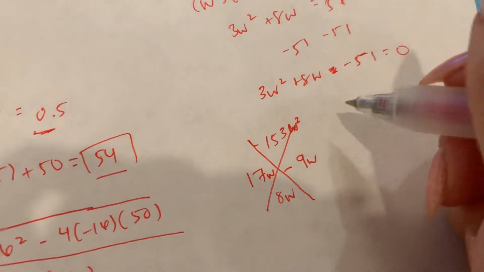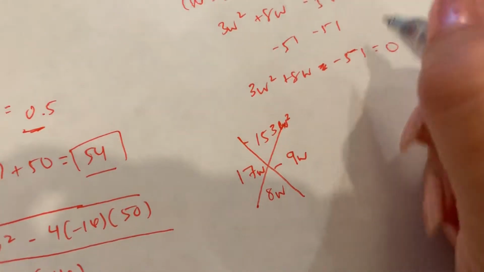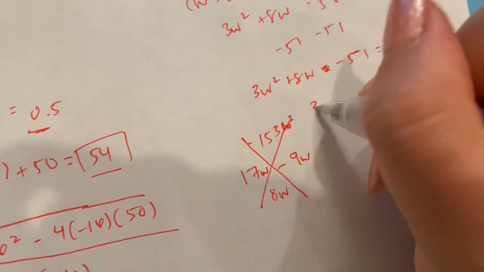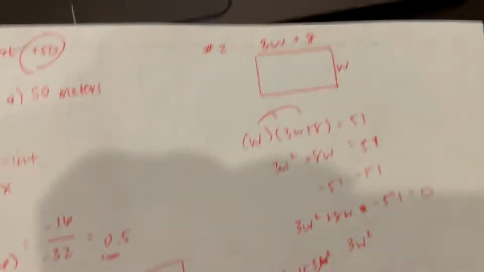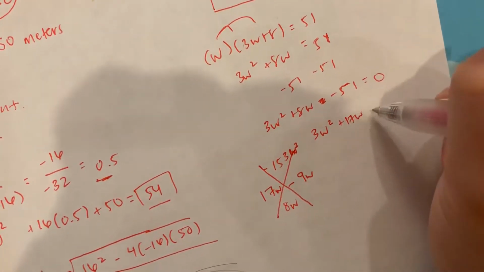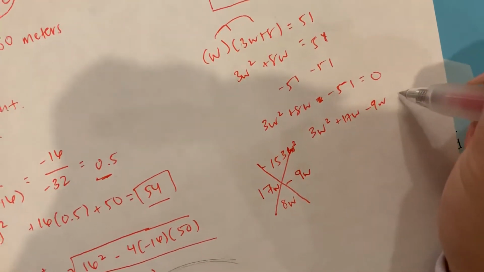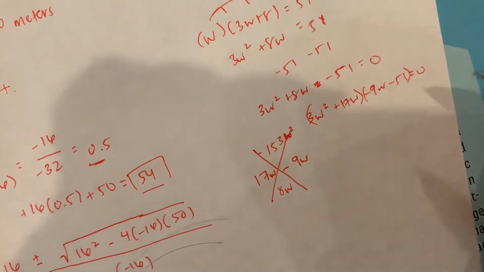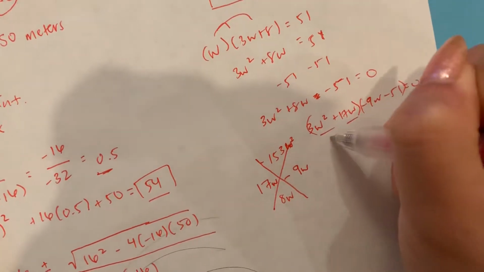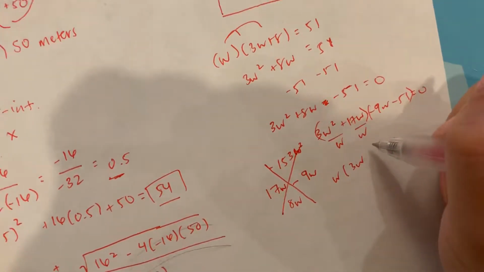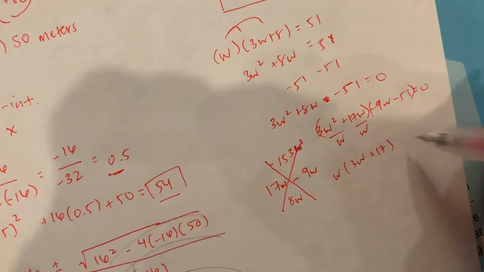Okay, and I'm going to go ahead and factor this out. I got to use the long way because there's no shortcut for this one. So 3W squared plus 17W minus 9W minus 51 equals 0. Factor the first one. We can only take out a W for the first one: 3W plus 17.